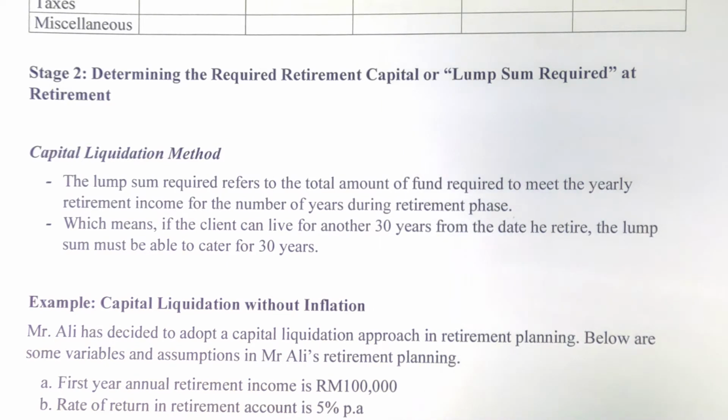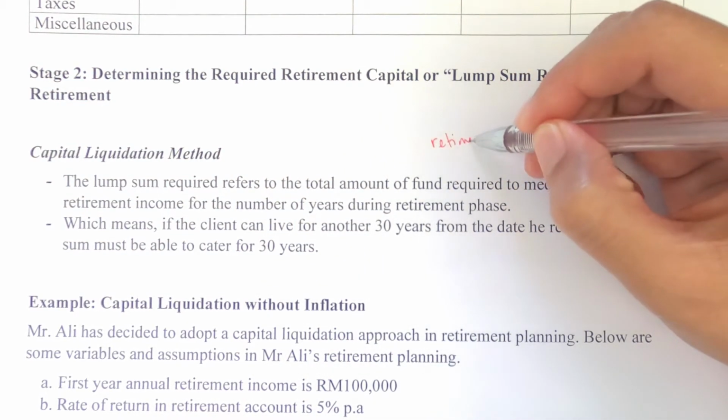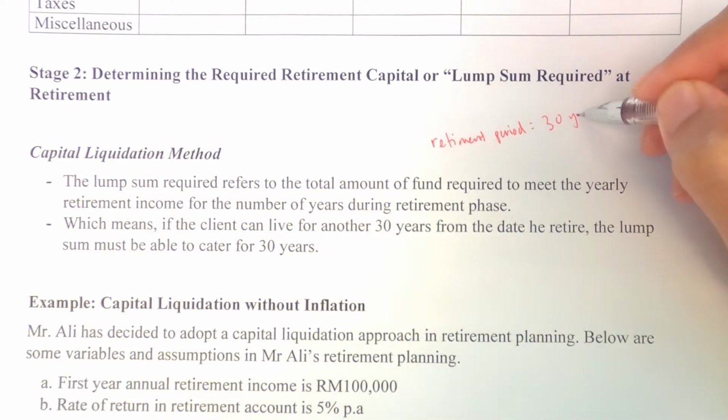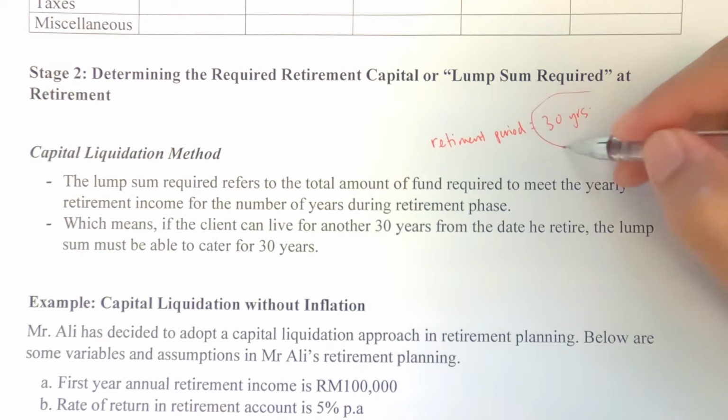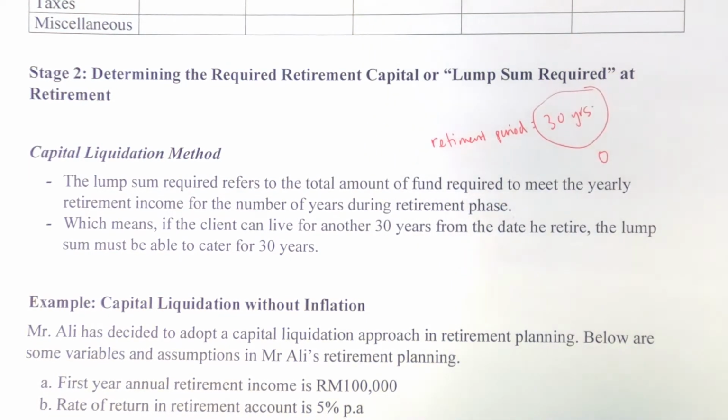In this method, the lump sum required refers to the total amount of funds that we need to meet the yearly retirement income for the number of years during the retirement phase, which means if the retirement period is 30 years, at the end of 30 years the balance of the retirement fund will be zero, which means there will be no money left either for us or for our children.